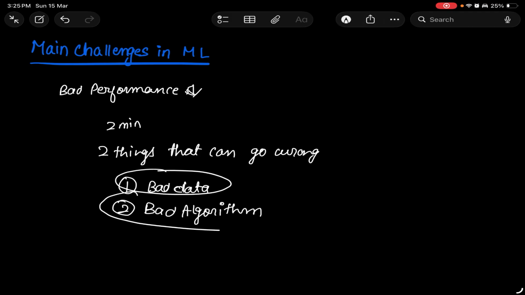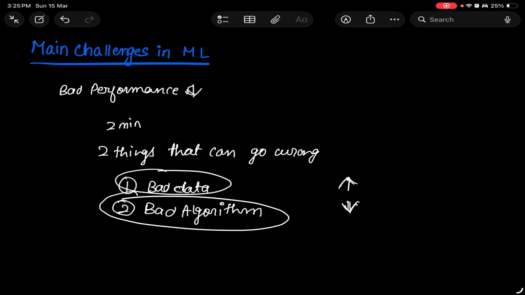These two define the whole system, whether it will perform well or not. Whether its performance will be on the higher side, which will make some profit, or on the downside, making us devote more time. So bad algorithm and bad data are the only possible cases that can go wrong.